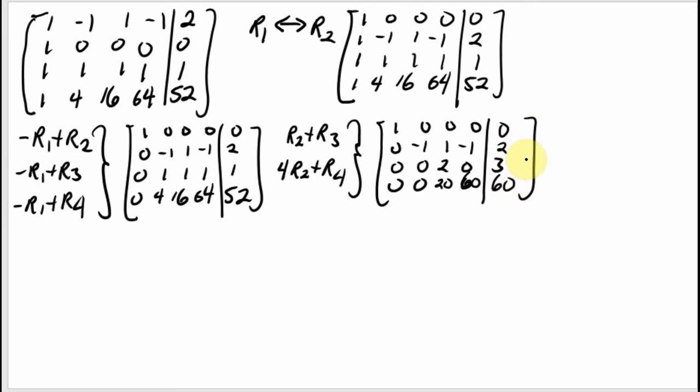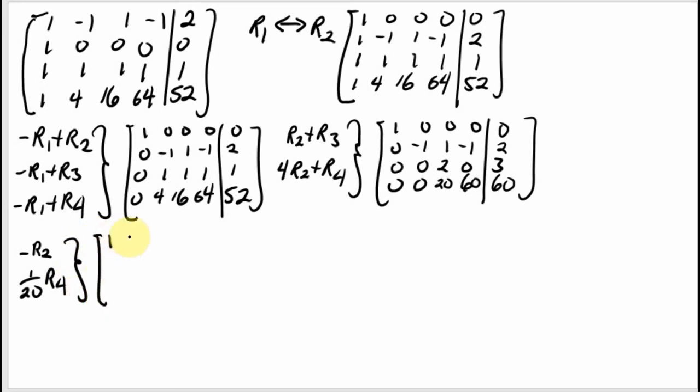Okay. So what I'm going to do is, with that last row, I'm just going to divide everything by 20, and so that just makes those numbers a little bit smaller. At the same time, we can multiply row 2 by negative 1 to get that leading one here at A22. So I'm going to say negative 1 times row 2 and then 1 over 20 times row 4.